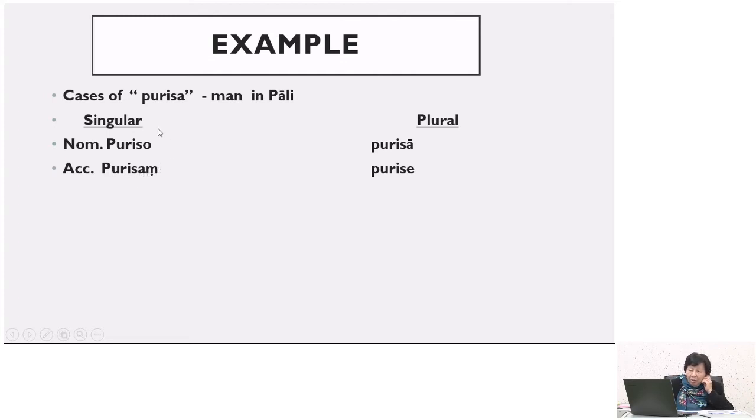According to the singular column and the plural column, you have different forms. So you have to get what I call the morphemes out of this. Puriso, what is it? It is purisa plus what? Plus a suffix, or a prefix.